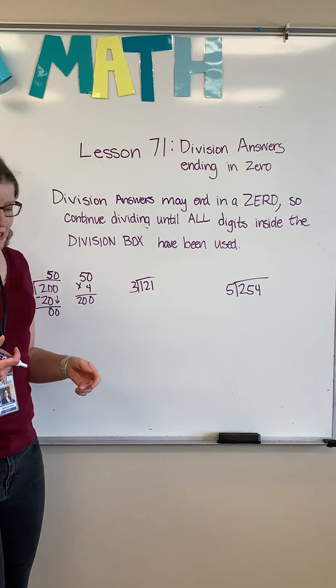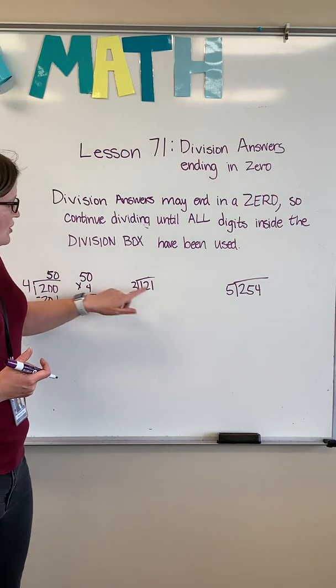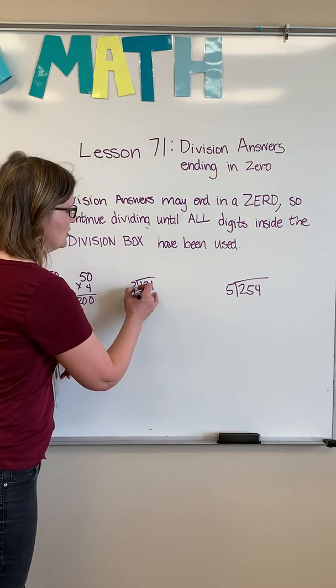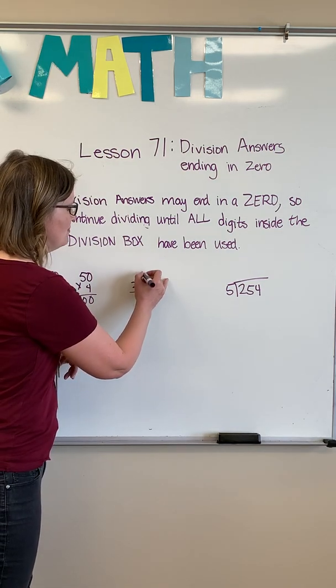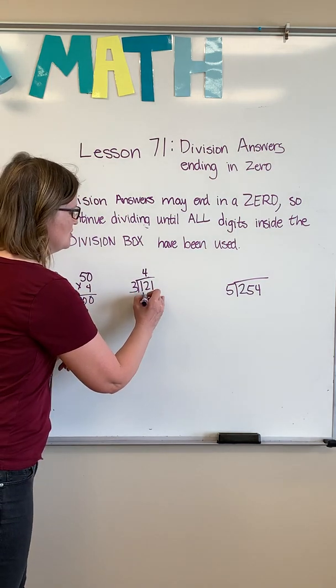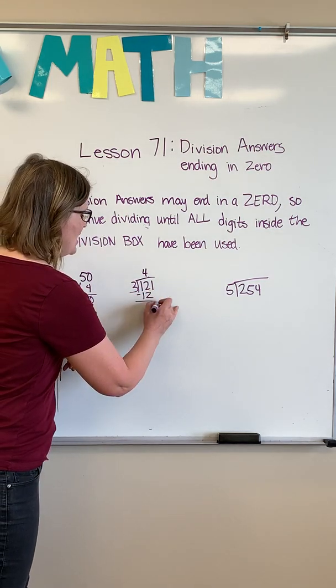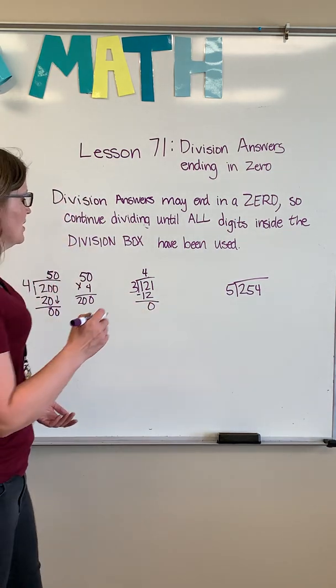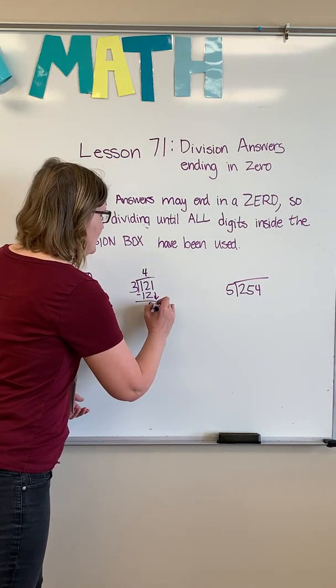Here's another situation. We have 121 divided by 3. I look at the 12. I know that 12 can be divided by 3 4 times. 4 times 3 is 12. I subtract. I get a beautiful number, 0. Now I pull down my 1.